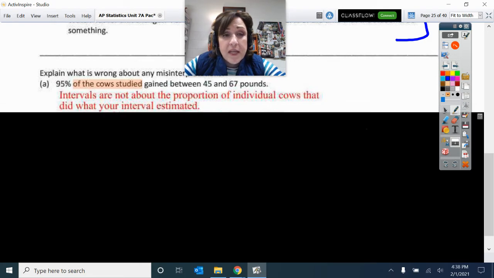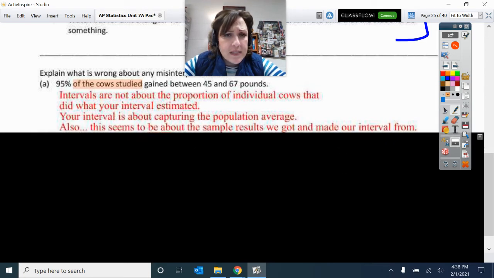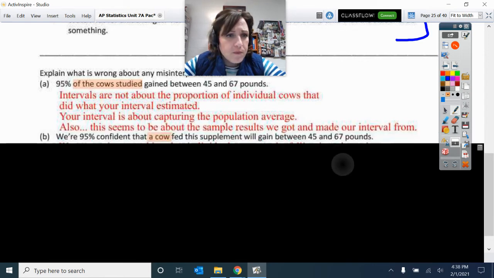Intervals are not about the proportion of individual cows that land in my interval. Your interval is about capturing the population average. Also, this seems to be about sample results that we got. Okay, all right, let's do this one.